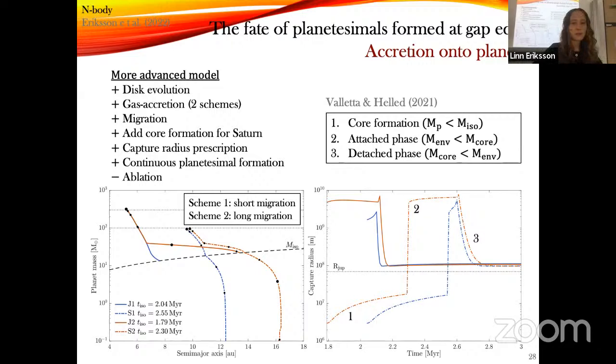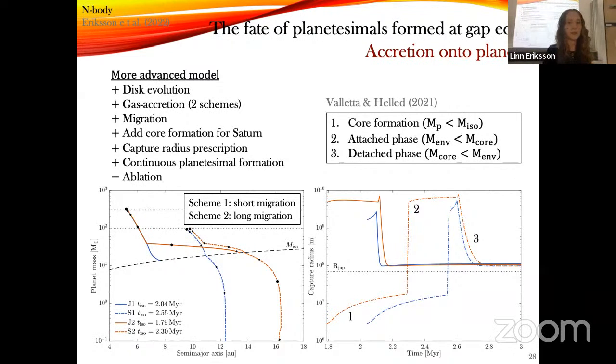So the capture radius is understood more based on how extended the gas envelope is. I'm not exactly sure how Claudio calculated this in his paper, but basically during this first phase of gas accretion, the envelope is very big and spread out. That means that the planetesimals can come from quite far away and be affected by the gas drag, and then they can spiral in and be accreted onto the planet.